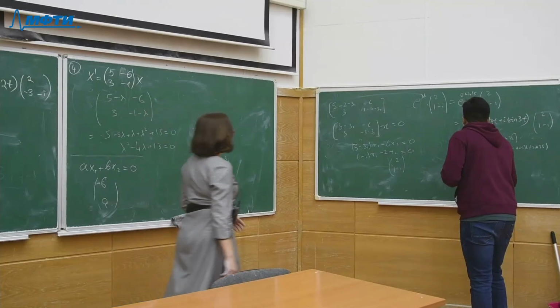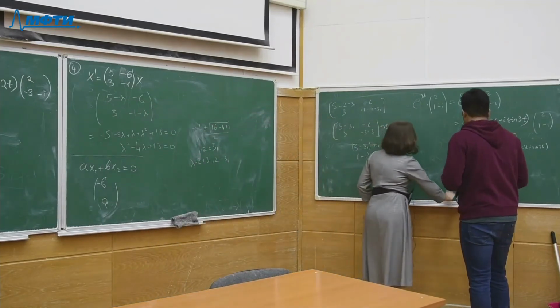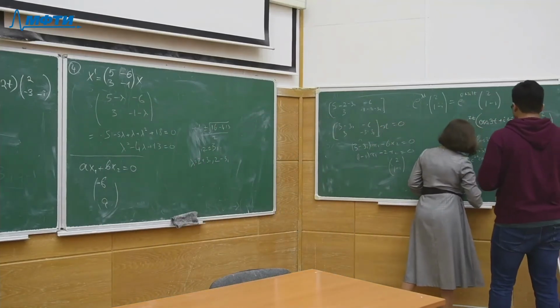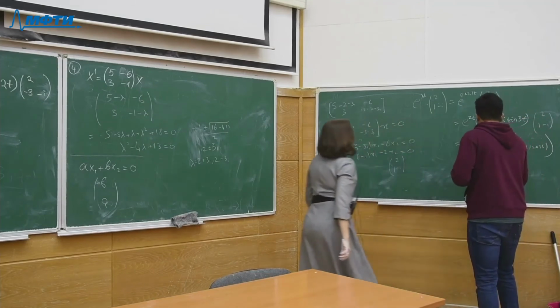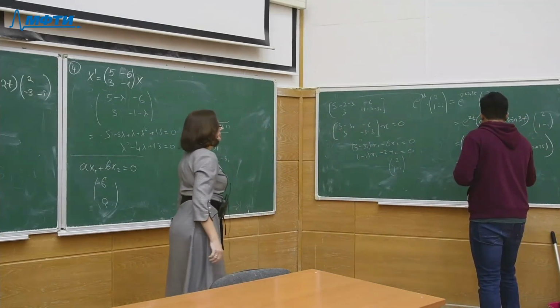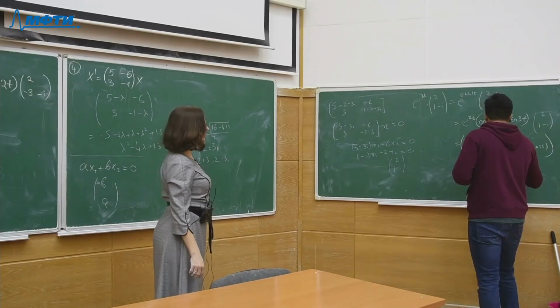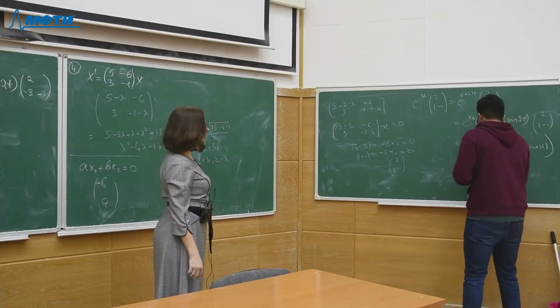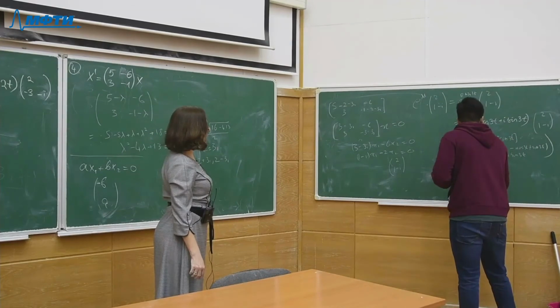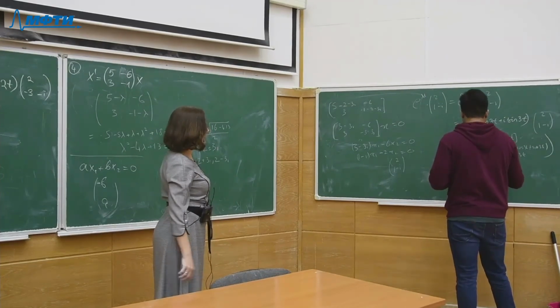Show that this is a vector. Use brackets. Multiplied by e to the power 2t, sine 3t.